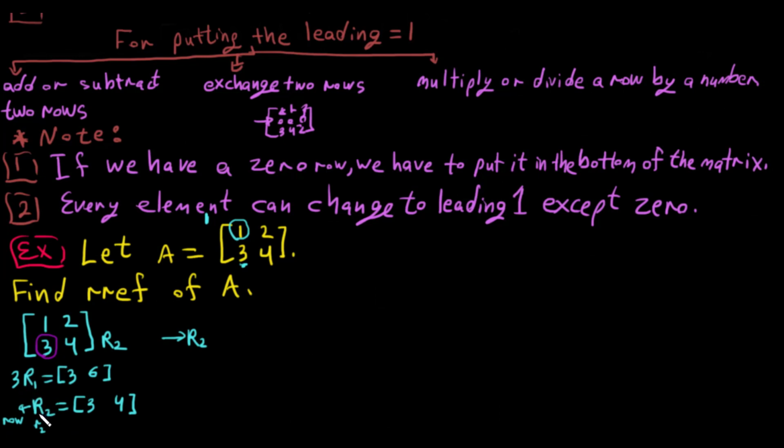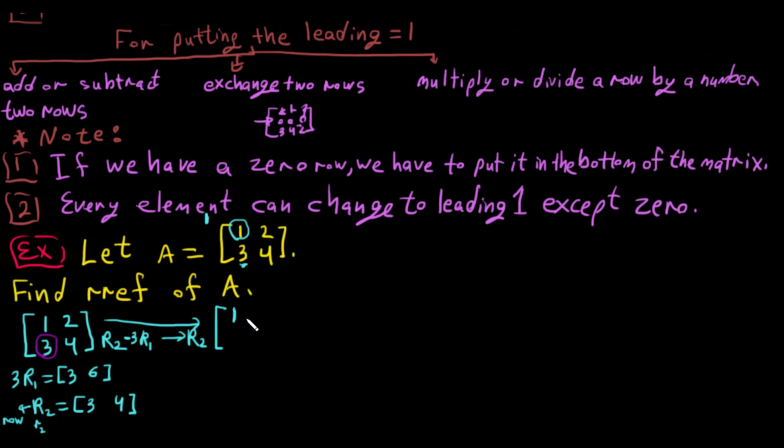So we have to subtract this one minus this one to make this one 0. So this R2 minus 3R1. Okay. So what will it be? This one, the same thing.